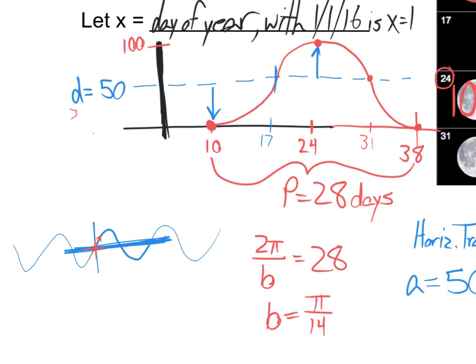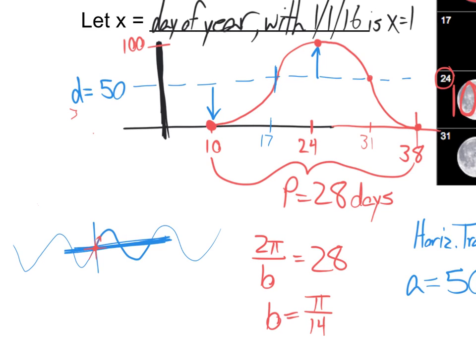That's the thing that sometimes is confusing to people, that there are so many different answers. We used a positive sine model. You could have used this as your horizontal shift and made it a negative sine model. We could have made 24 the horizontal shift and used a cosine model. Or we could have made 10 the horizontal shift and used a negative cosine model.